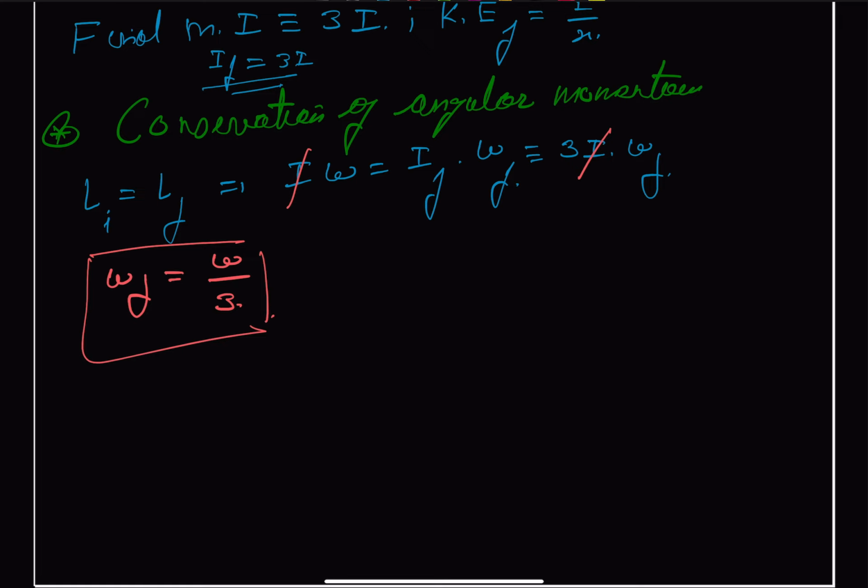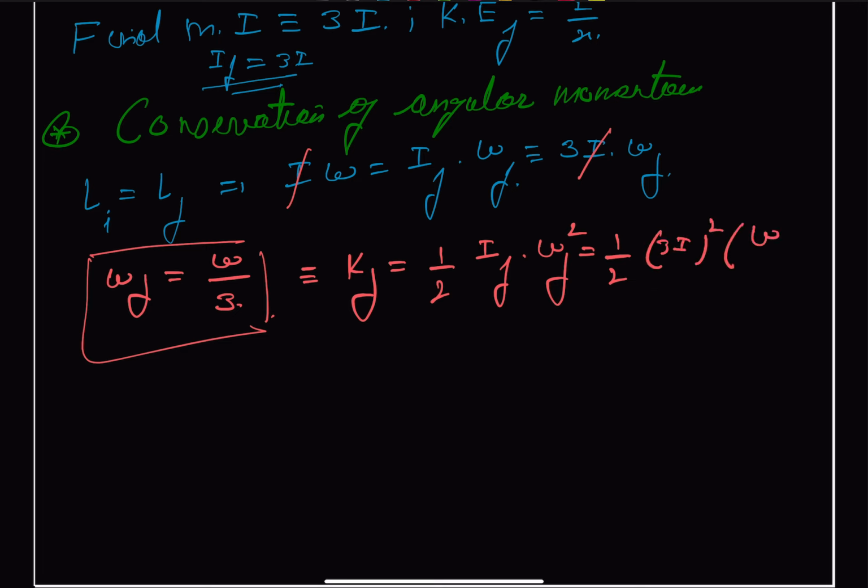So based on this we can easily find out our final kinetic energy. So kinetic energy final will be equal to half moment of inertia final and angular velocity final square. So we can write this as half, 3 times I, and omega upon 3 whole square.